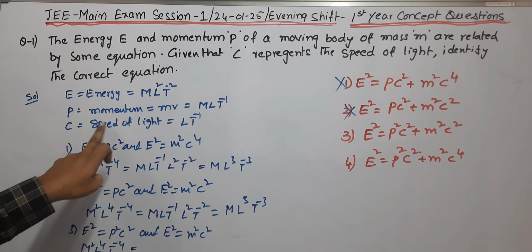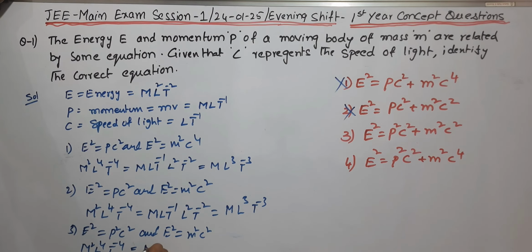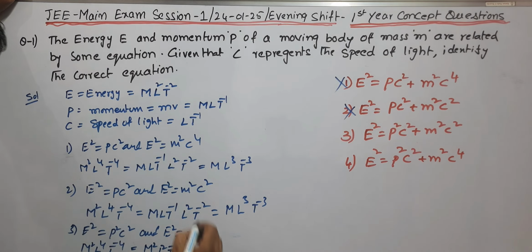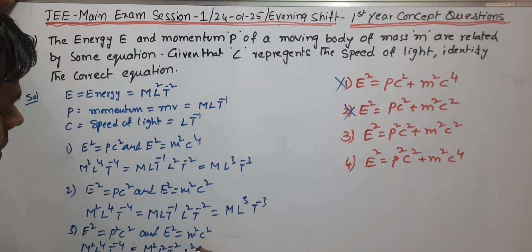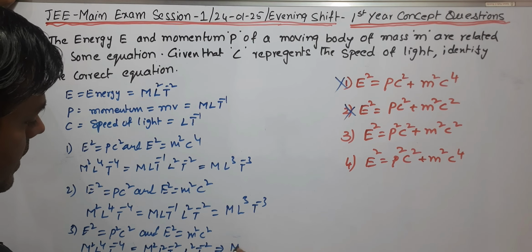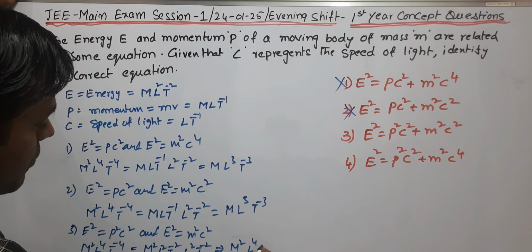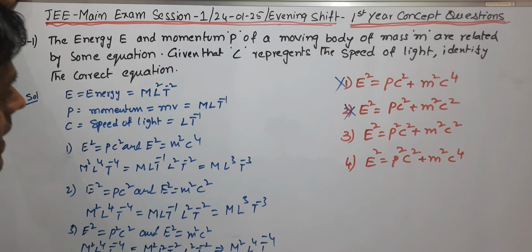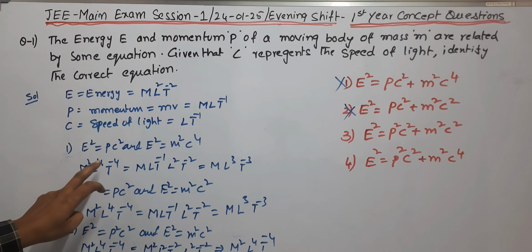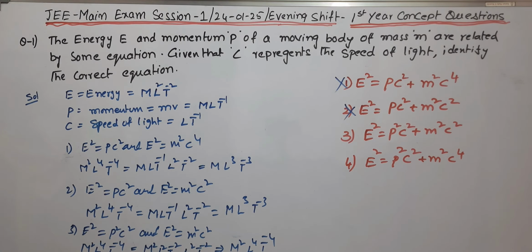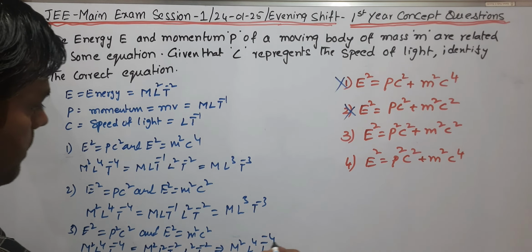P square is M square L square T power minus 2, into c square, L square T power minus 2, which implies M square L power 4 T power minus 4. Yes, it is okay. But whether m square c square is correct or not, we can verify.